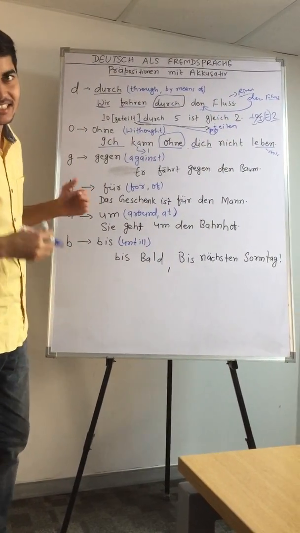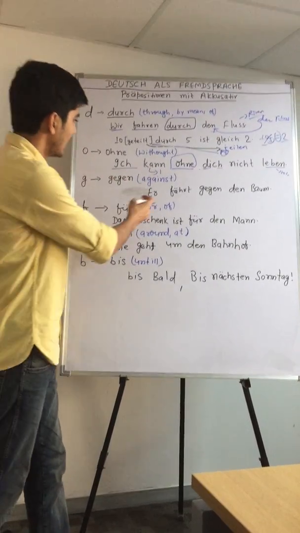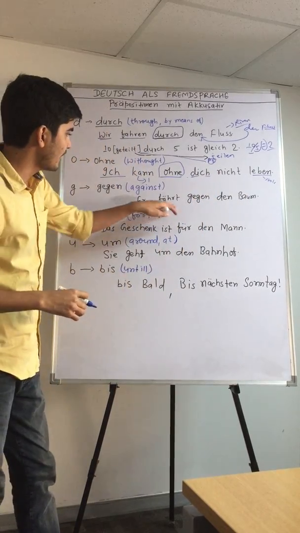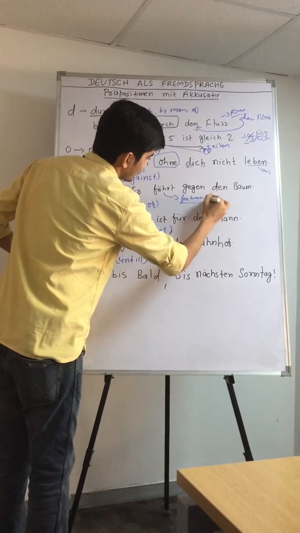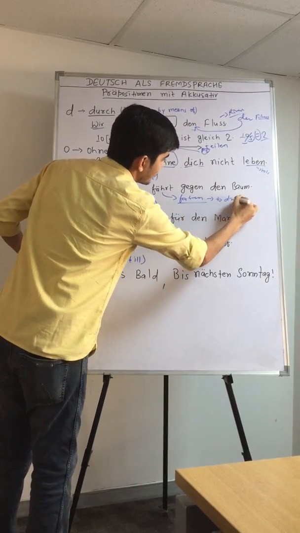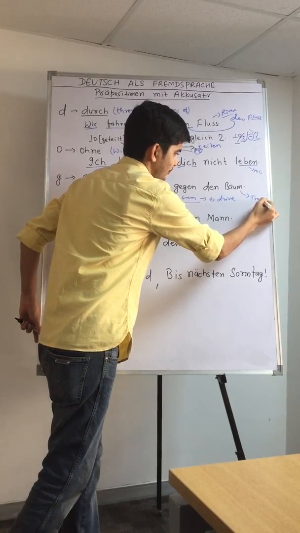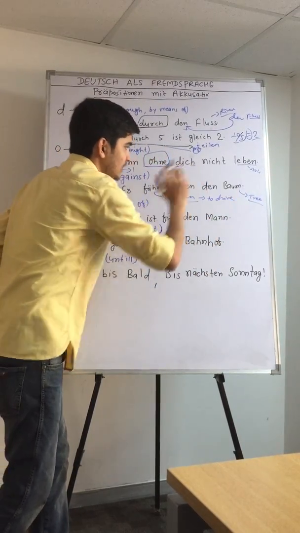Third one is gegen. Gegen is against. Er fährt gegen den Baum. Fährt is the verb, our fahren. Fahren means to drive. Baum is tree. So he drives against the tree.